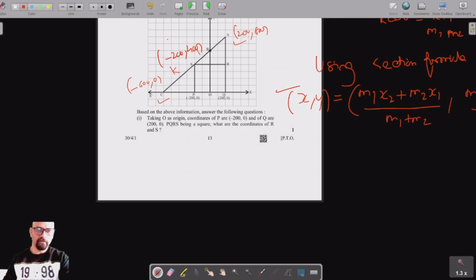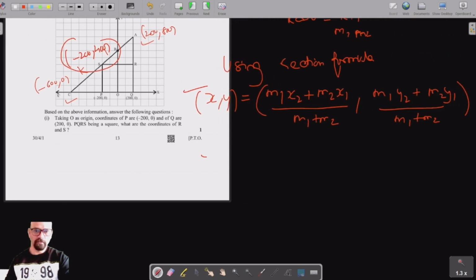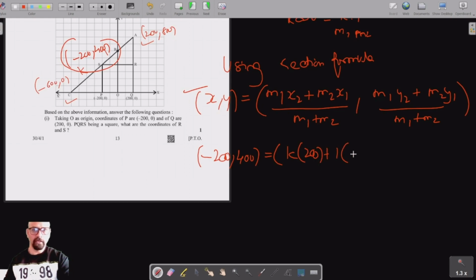Now x comma y are the coordinates of S, which is minus 200 comma 400. m1 is k, x2 is 200, m2 is 1, x1 is minus 600, upon k plus 1.